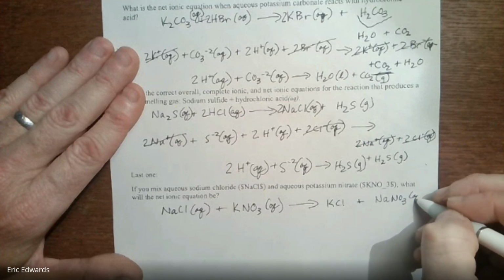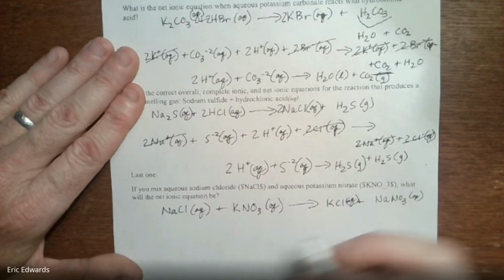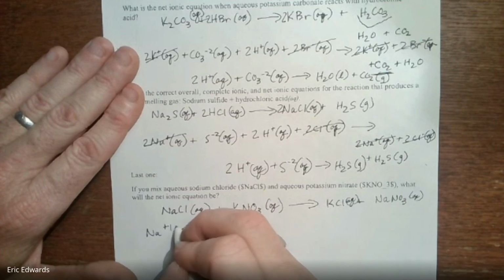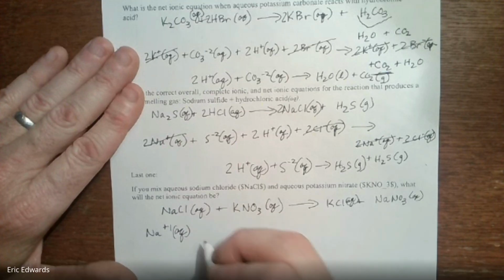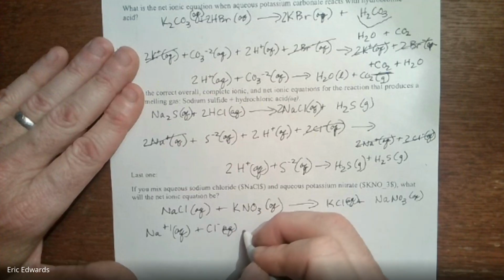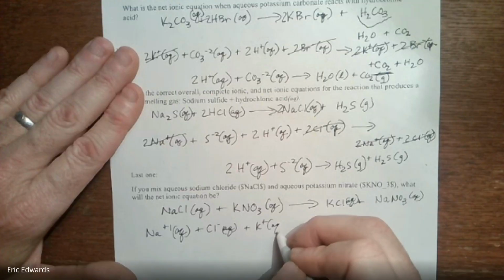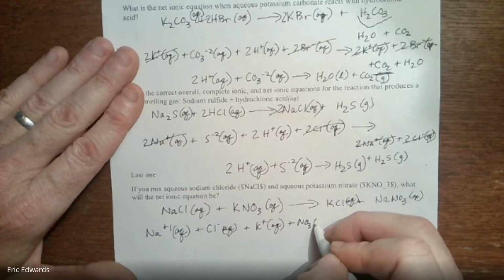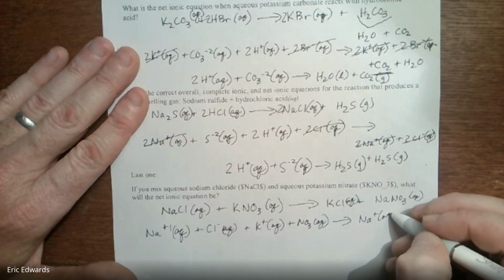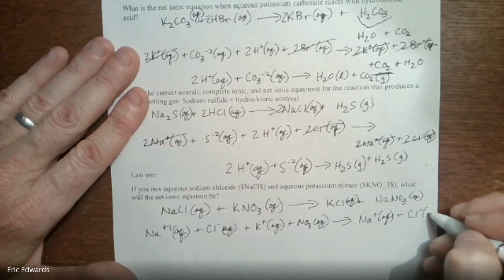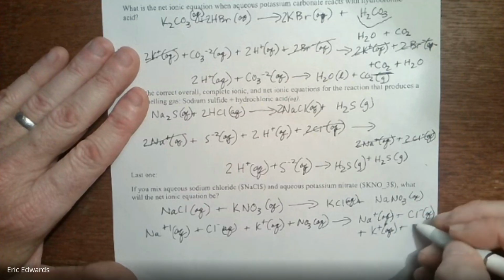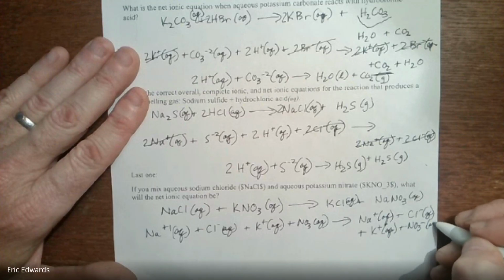NaNO3 aqueous. But in reality, what's going to happen is I've got Na plus aqueous plus Cl minus aqueous plus K plus aqueous plus NO3 minus aqueous going to Na plus aqueous plus Cl minus aqueous plus K plus aqueous plus NO3 minus aqueous.